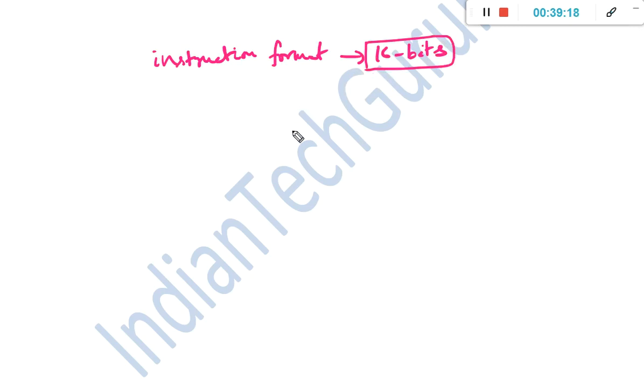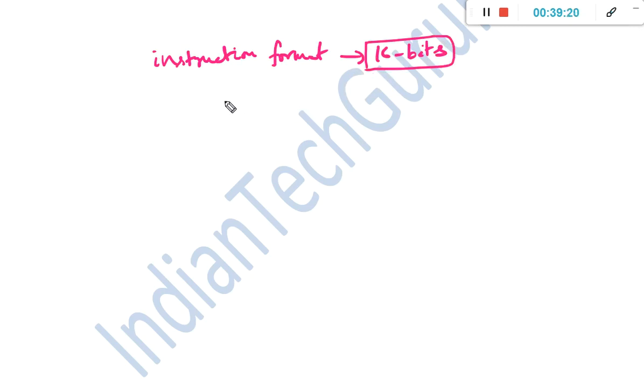As we have discussed previously, the instruction format contained totally 16 bits, but there is no fixed rule that the instruction format should always contain 16 bits. That is wrong.